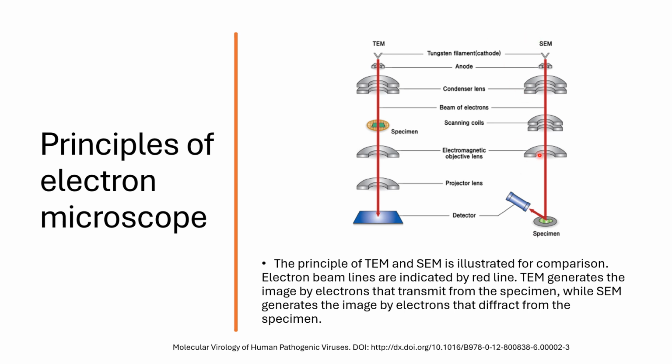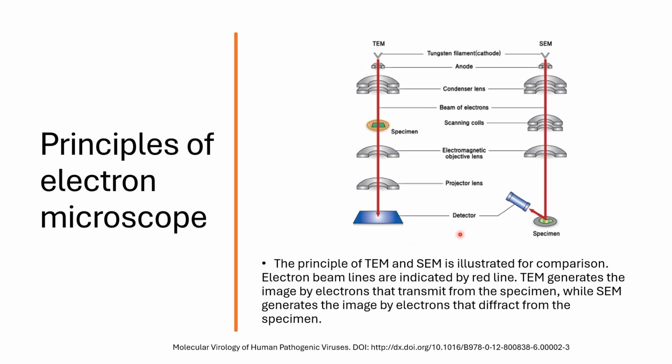On the other hand, SEM is a type of electron microscopic technique that produces images of a sample by scanning it with a focused beam of electrons. The electrons interact with the atoms in the sample, producing various signals that can be detected and that contain information about the topography and composition of the sample surface.